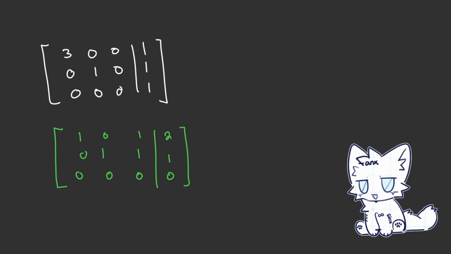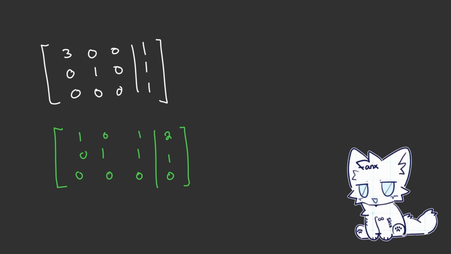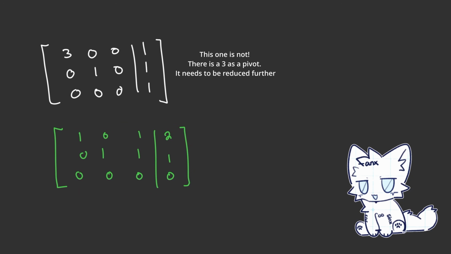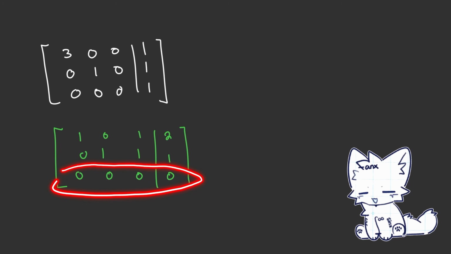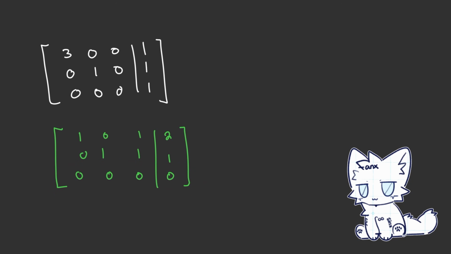Is this in reduced row echelon form? Well, I would say that yes, this is in reduced row echelon form because there are non-zero pivots in each column, but there is also an entire row of zeros and it's at the bottom. Okay, and we can count the number of free variables.